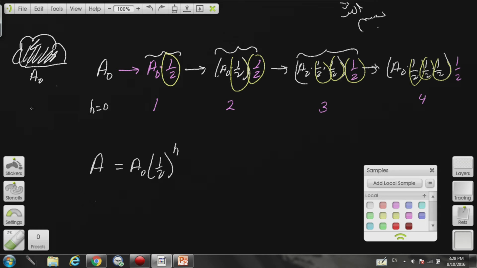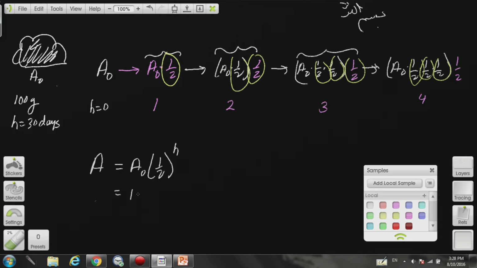Okay, now for example, let's say I have 100 grams of whatever material I'm talking about. Let's just say the half-life is 30 days. How much of the material will remain after 3 half-lives?